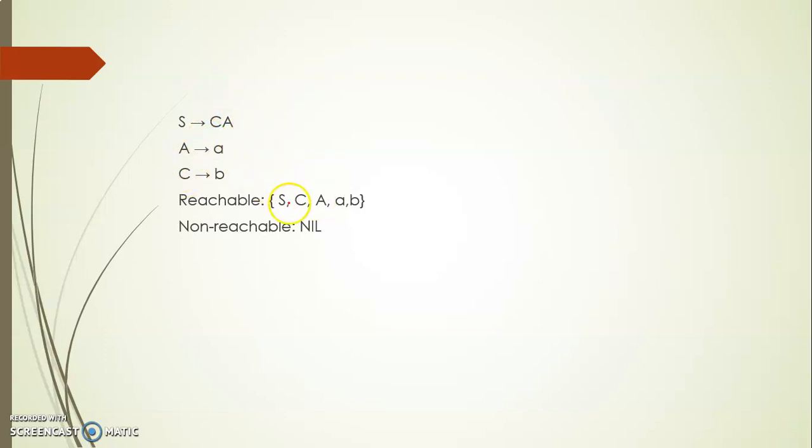Since A is already in reachable, all the symbols in its expansion are included. Similarly, C is reachable, so the symbol small b in its expansion is also included. Here also there is no non-reachable symbol, so we need not remove anything else. So that's it. Thus we have seen how to remove the useless symbols from the given grammar. Thank you.